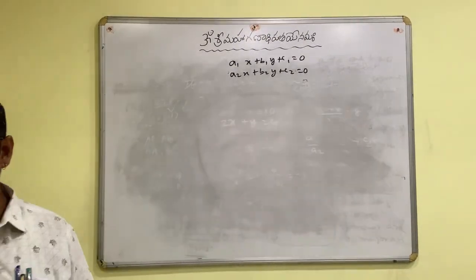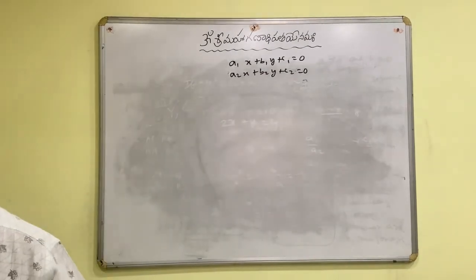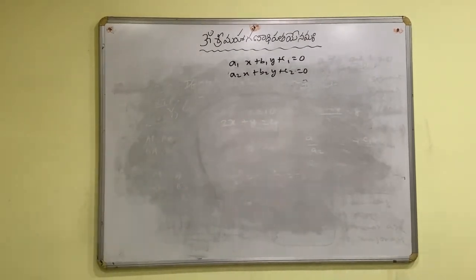Now next question. Listen to me carefully. 5 pencils, 7 pens together cost 50 rupees. 7 pencils, 5 pens together cost 46.